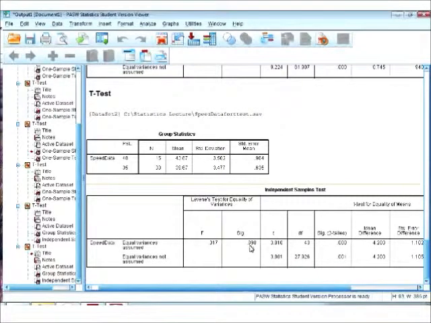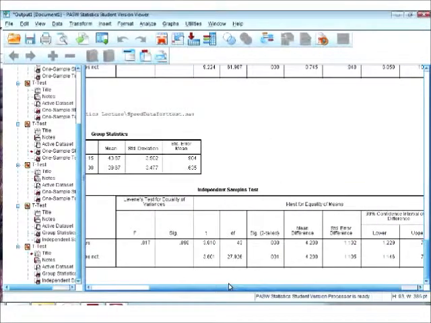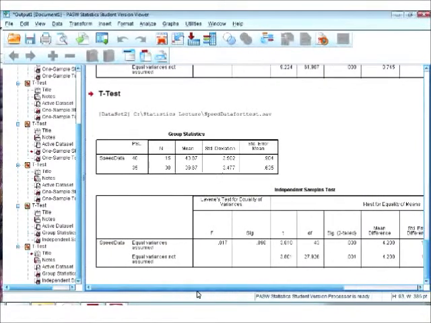Since the significance value of Levene's test is greater than 0.05, we'll stick with equal variances assumed, and we'll consider the p-value here. Again, the p-value of 0.0 is less than our significance level of 0.01. So we reject the null hypothesis that the speeds under these two categories are the same. The speeds under these two categories are not the same. So our null hypothesis is rejected in favor of the alternative hypothesis. Clear?